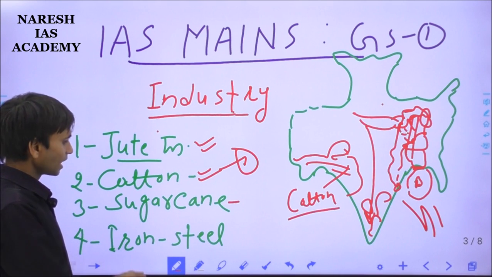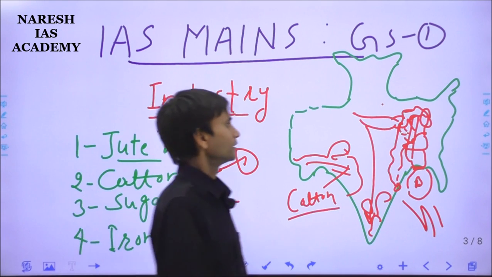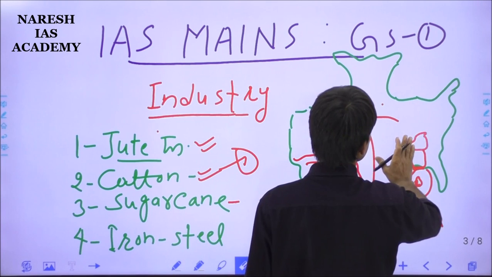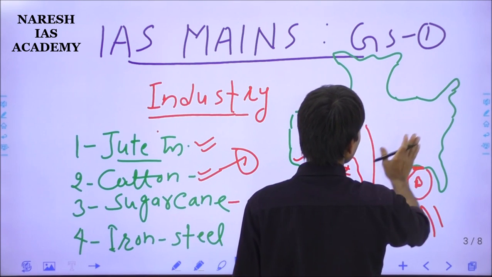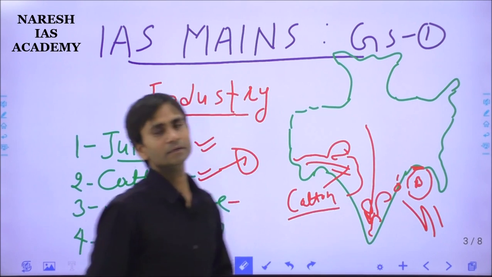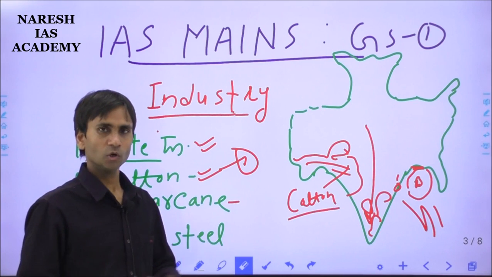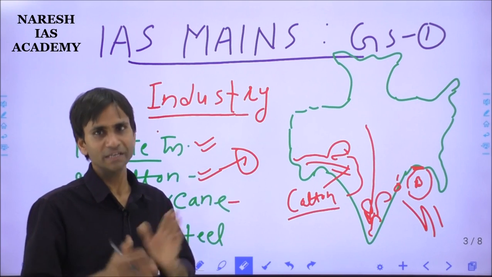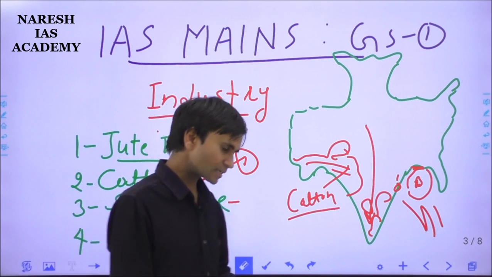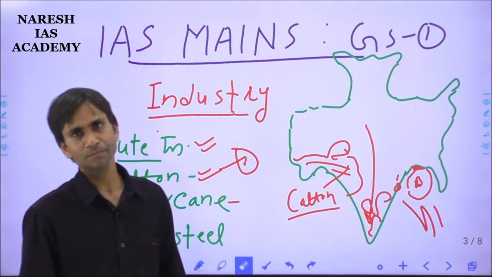And last is iron and steel. You know, the iron and steel industry is the backbone of the Indian economy, and it has its roots in the British period. The British government started these industries in West Bengal.